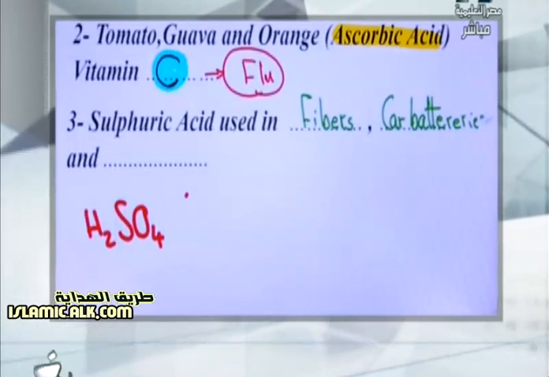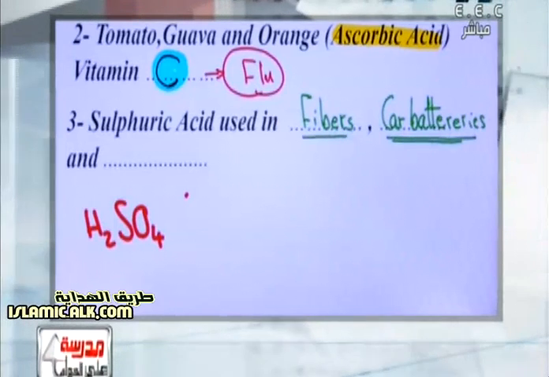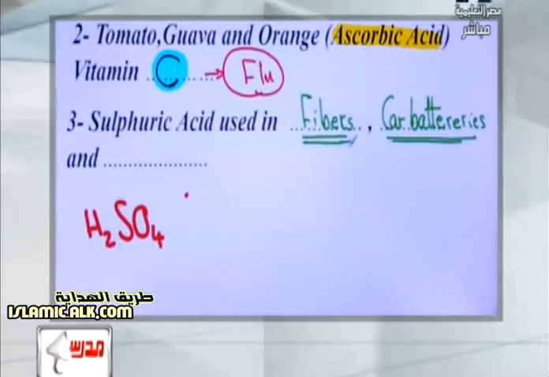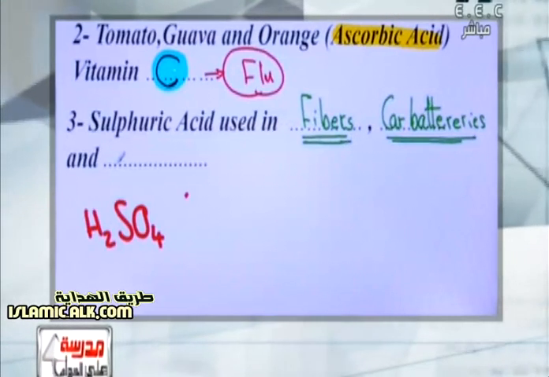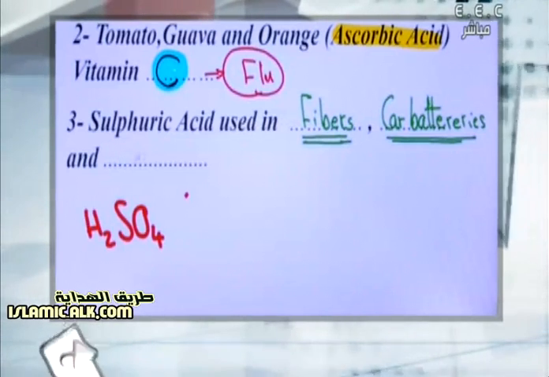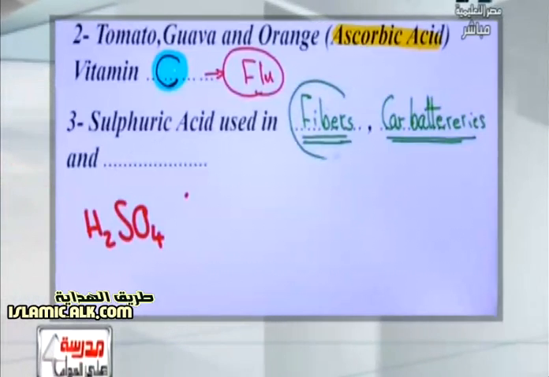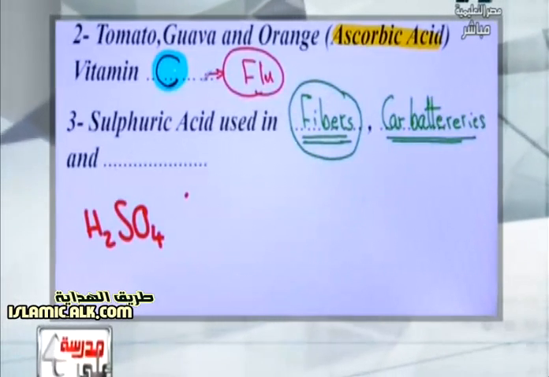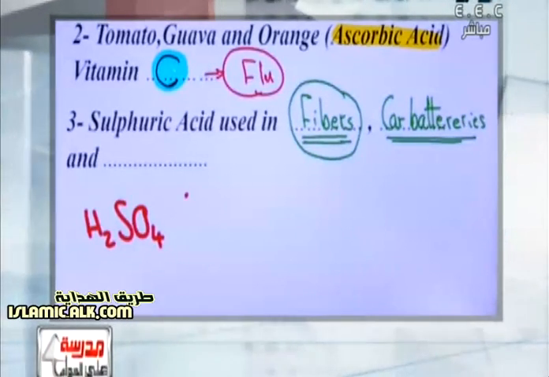So we have the uses of sulfuric acid, which is also called battery acid. Fibers here means textile fibers, and it is also used in some industries, for example glass industries.